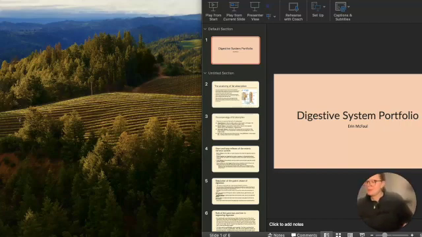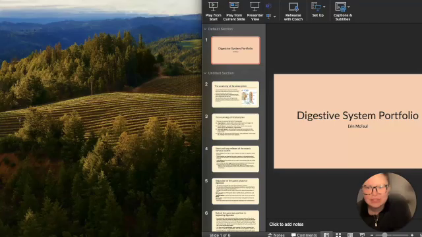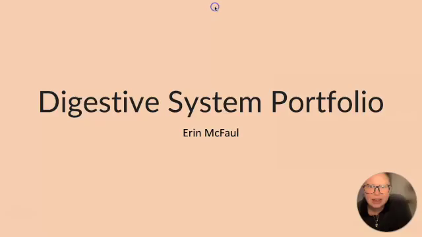Within my Psychology 1010 class, we have been discussing the digestive system in great detail. We have read some textbook pages to learn more about the overall function of the digestive system.